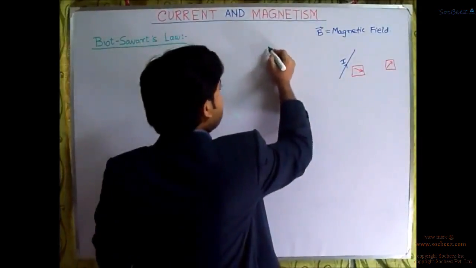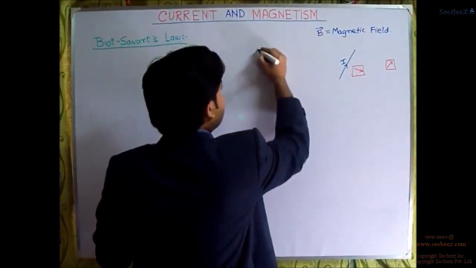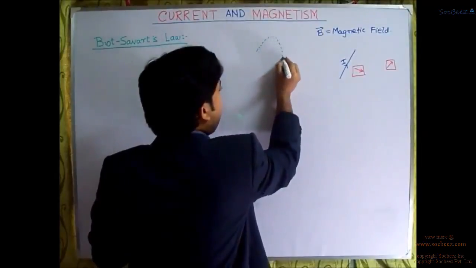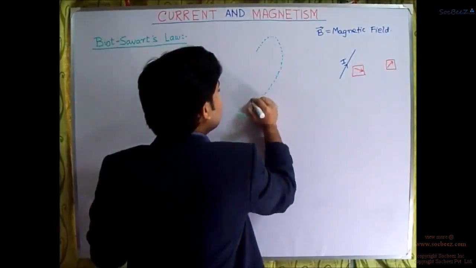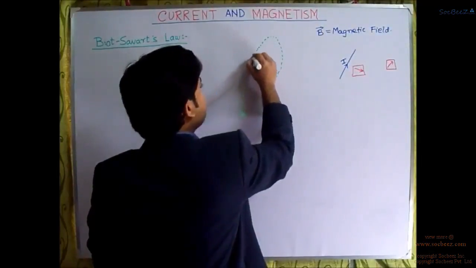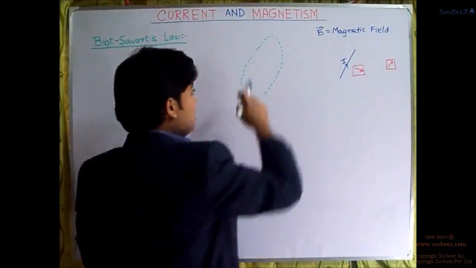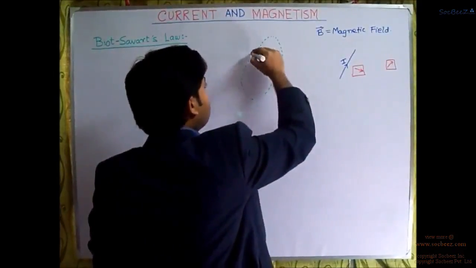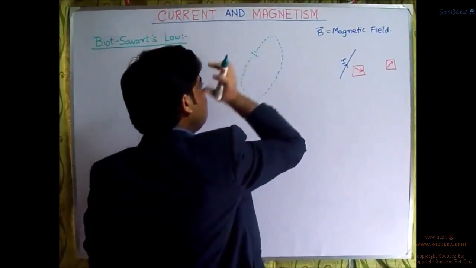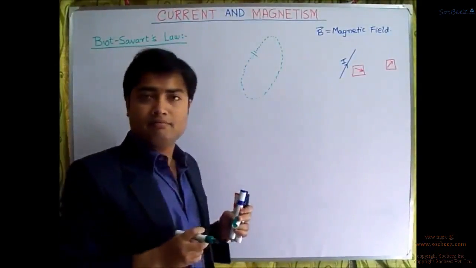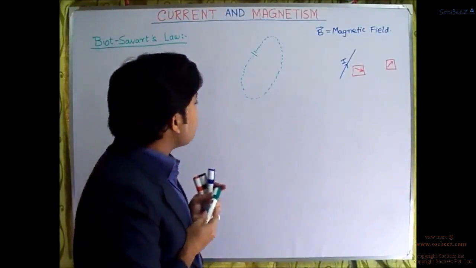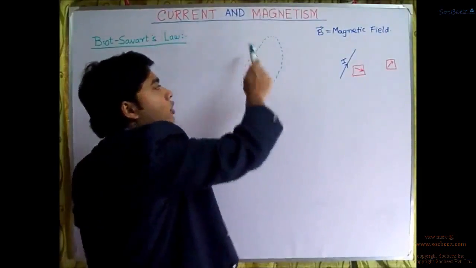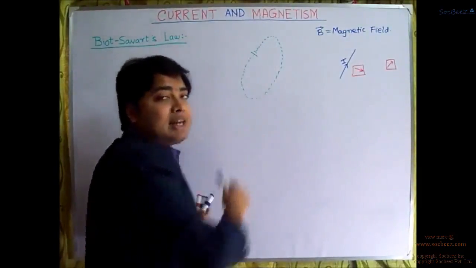Say for example, we have taken a long wire like this. Here is the battery. So the current will flow like this, because this one is positive and this one is negative.